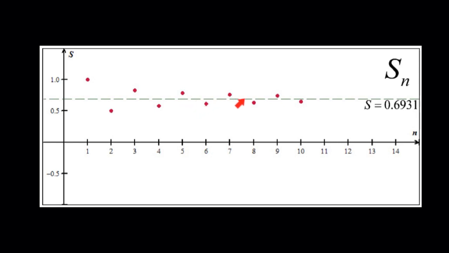And when you add the terms, you can see that they are alternating on different sides of this value, 0.6931. There are more decimals after that, but that is the value that this series eventually converges to.